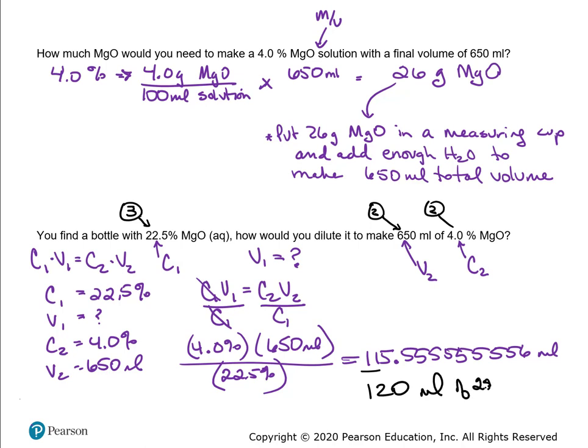So I would take 120 mils of that 22.5% magnesium oxide. Now when I do a dilution like this, I actually can figure out how much water I have to add. So if 120 mils is the 22.5 solution, and my final volume needs to be 650 milliliters, how much water do I add? How do I figure that out?